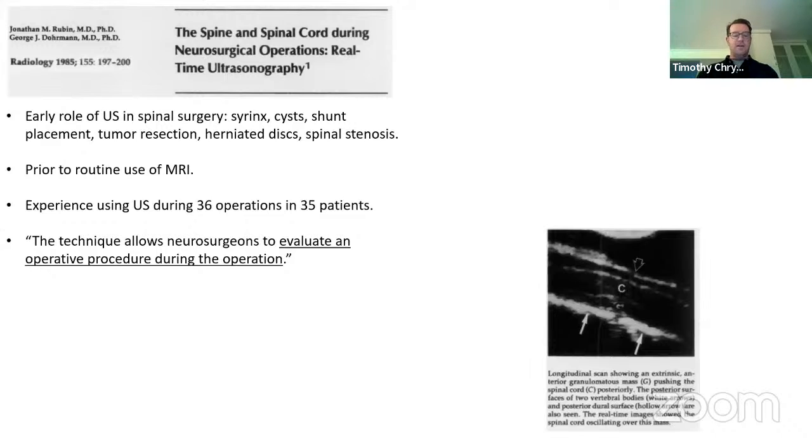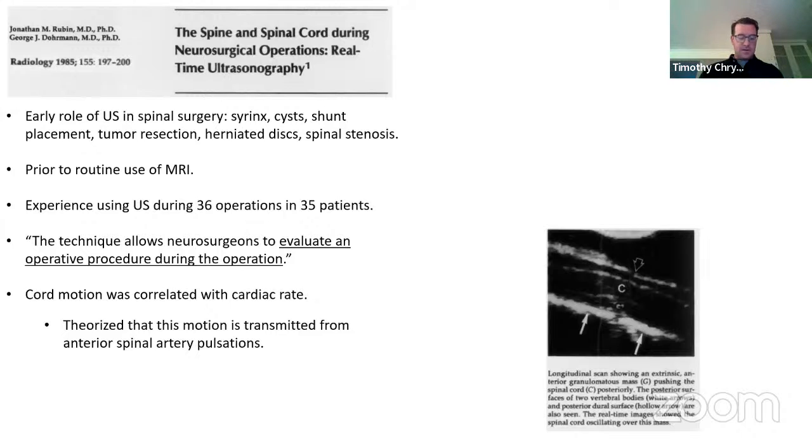But above all, the most important point is that this allows neurosurgeons, orthopedic surgeons also, of course, to evaluate the procedure during the operation itself. One point here that is interesting, we've been talking about cord motion: these authors were really the first to correlate spinal cord motion with cardiac rate.